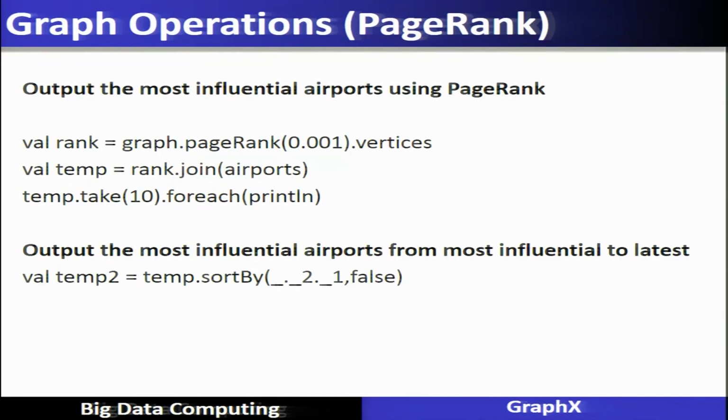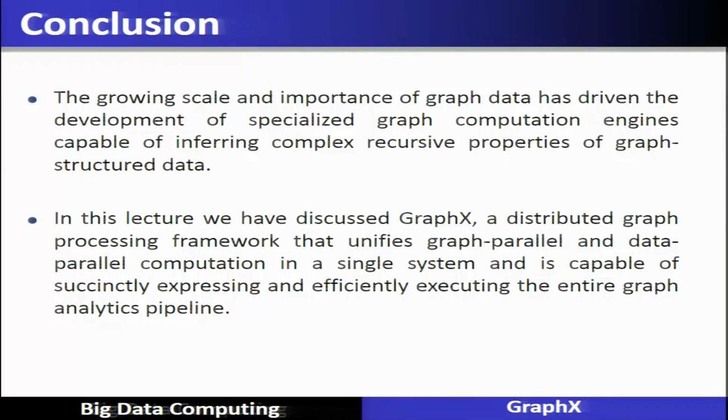We can apply the PageRank algorithm over the vertices, then join the airports and take the top 10, and that will give the most influential airports using PageRank. The output lists the airports from the most influential to the least. Furthermore, we can sort and obtain this.